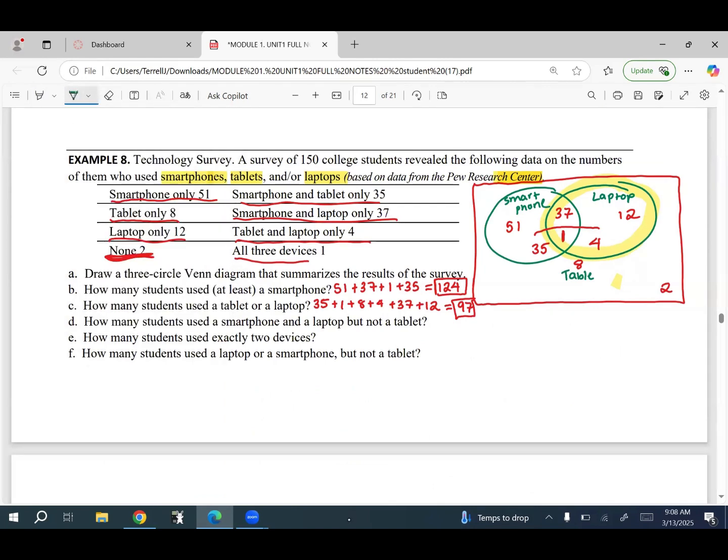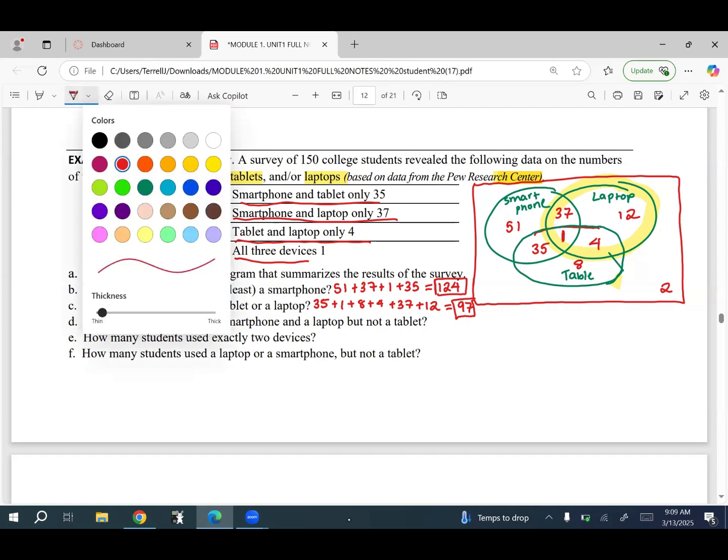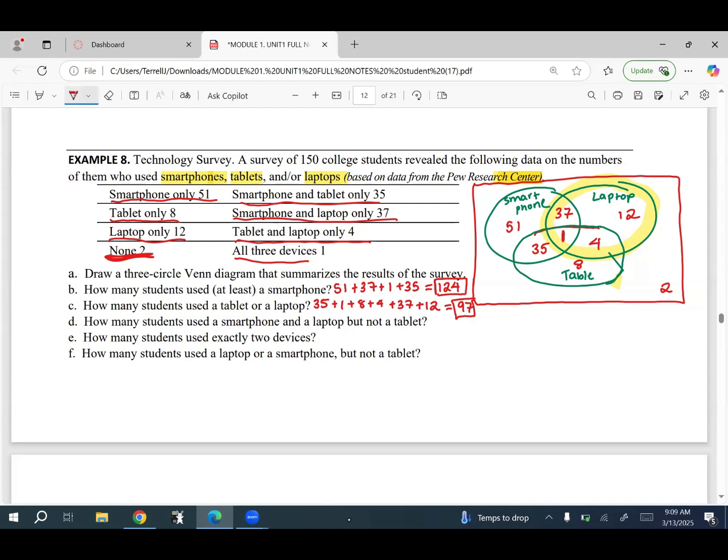Let's see if I can do it one more time. Okay. So how many students use a smartphone and a laptop, but not a tablet? So here, I just want smartphone and laptop. That would be 37. It's not interfering with my tablet circle. I'm only looking for the overlap between smartphone and laptop.